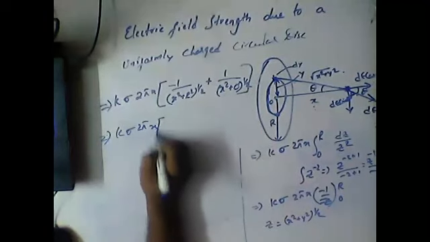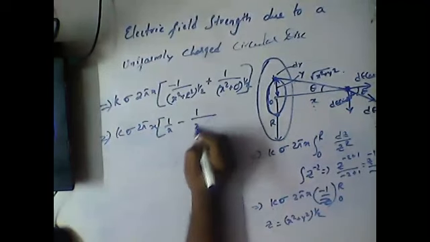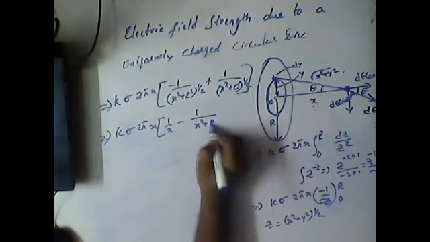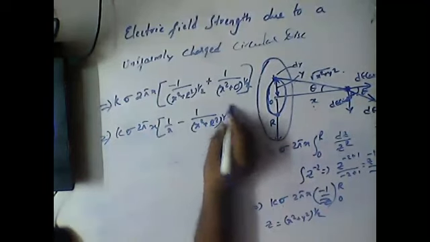From these terms we can write k sigma 2 pi x times 1 by x minus 1 by (x square plus r square) whole power 1 by 2.